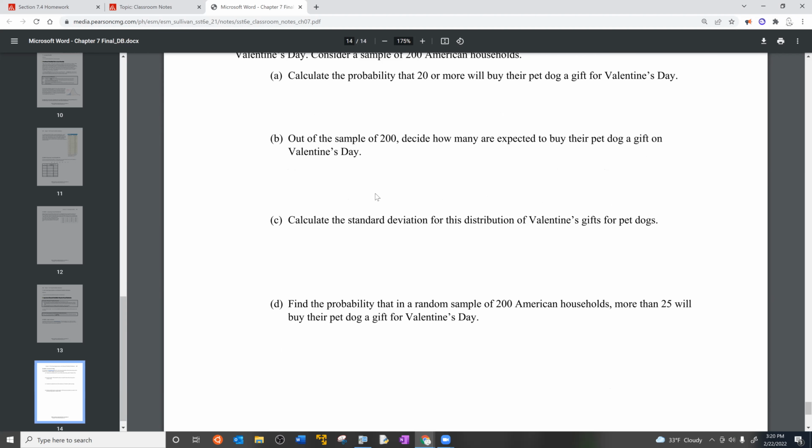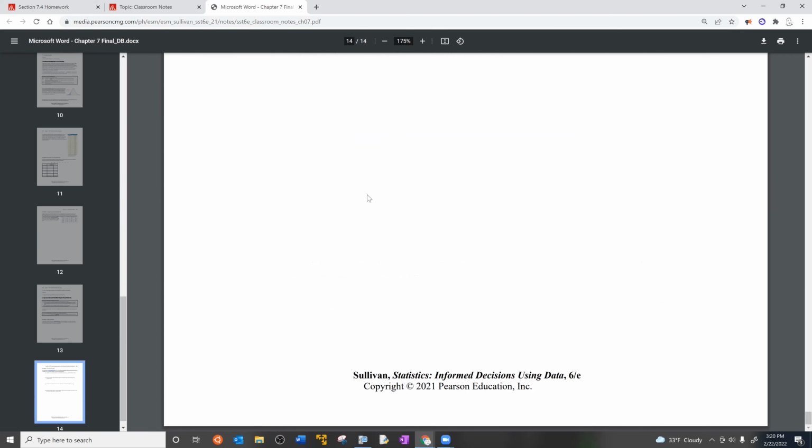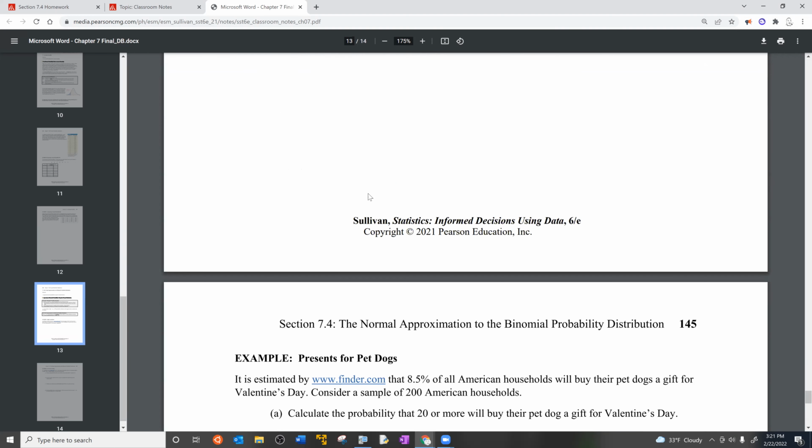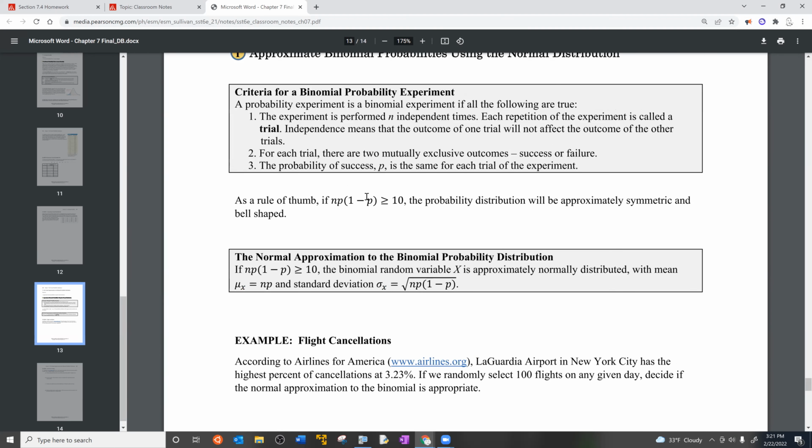So when it gets to a problem like this, okay, they want us to use the normal distribution. np would be the mean, and then for the deviation, we'd use this.